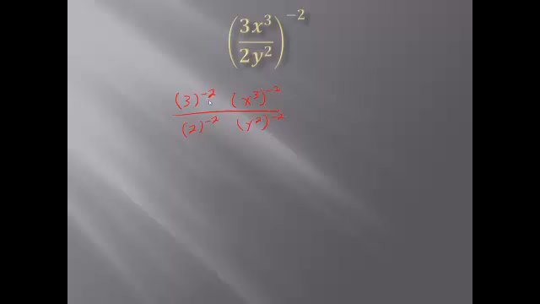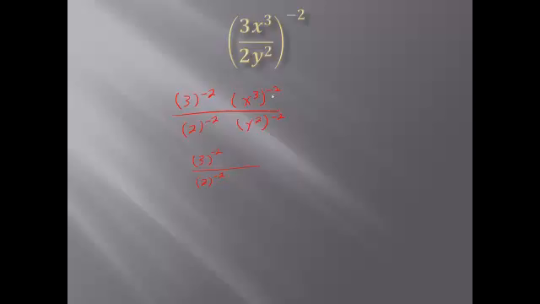Now, we cannot simplify numerical bases with negative exponents as they are. We have to make those exponents positive, and we'll get to that in just a second. Let's go ahead and work with these variables here.